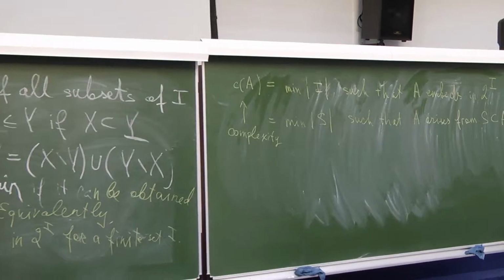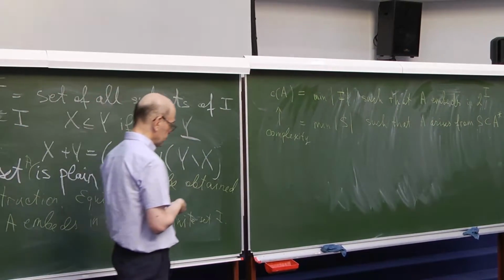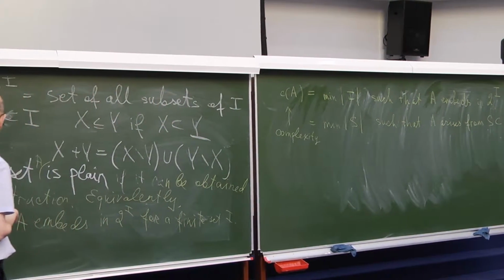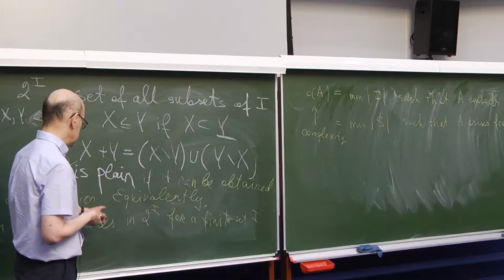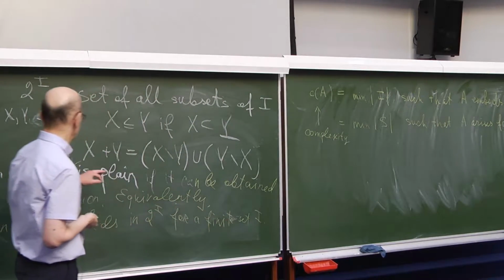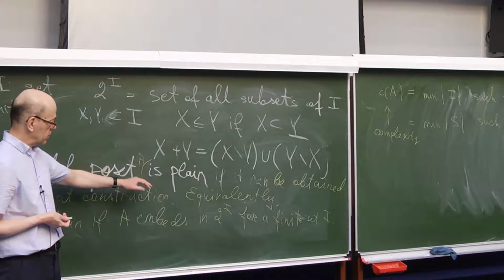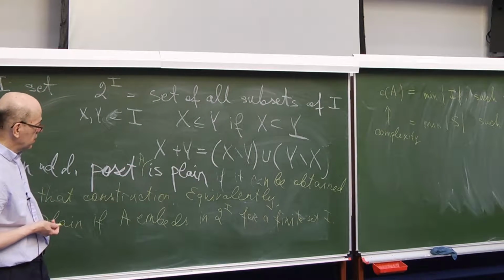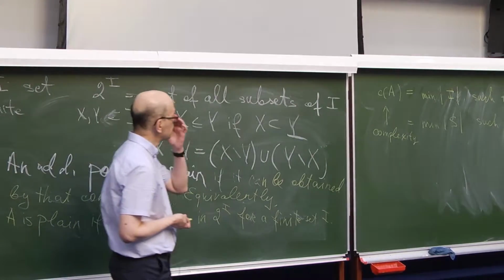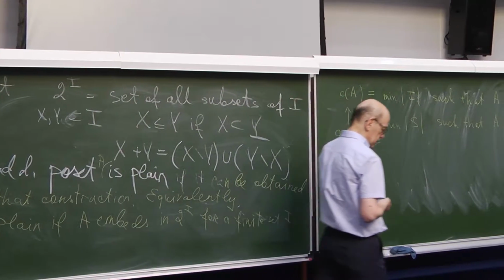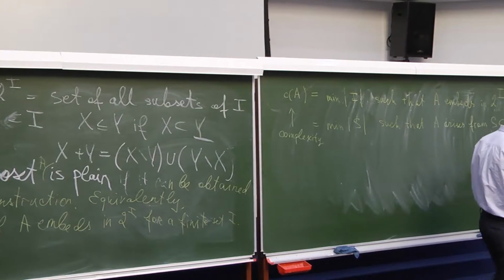But there is a version for... Here it is finite, right? For a finite set, such an additive poset is necessarily finite, because it embeds in a finite poset. So that's an interesting invariant, interesting to compute, difficult.